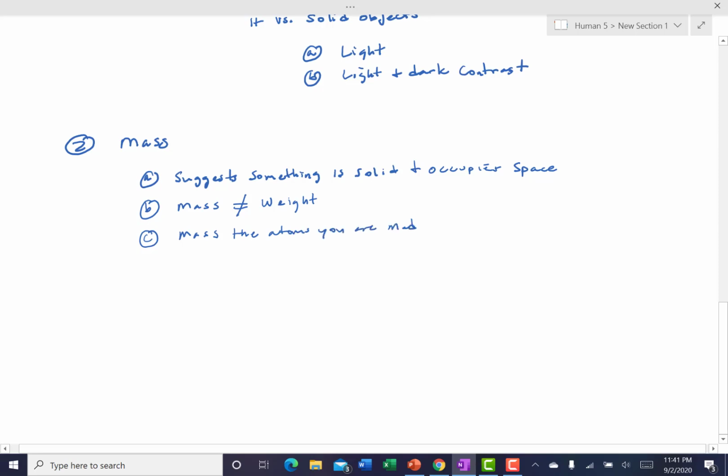But what we tend to do is see mass as giving us a sense of weight. Essentially, we look at an object, and all objects, all substances have mass.